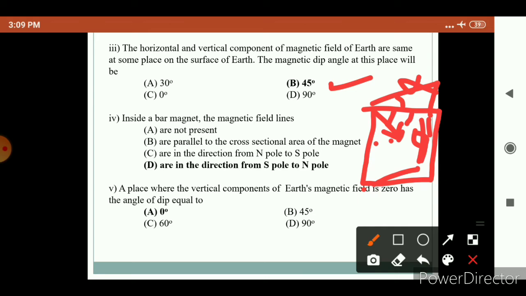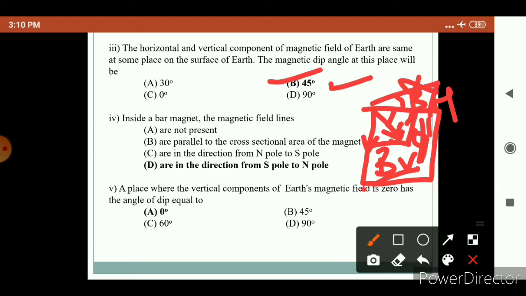So this gives the vertical component BV and the horizontal component BH. This will incline at 45 degrees, then only it will give the same magnetic field of the earth.